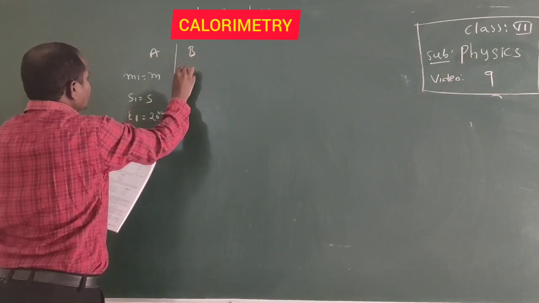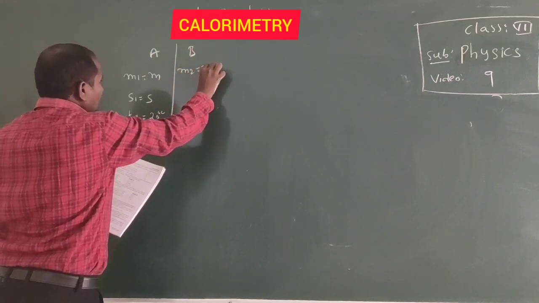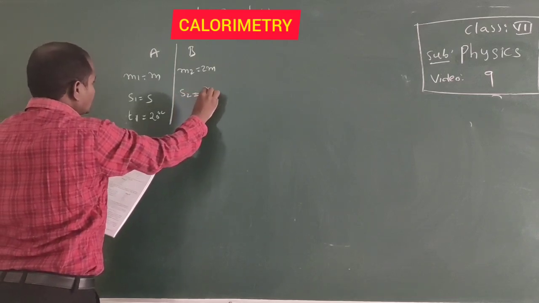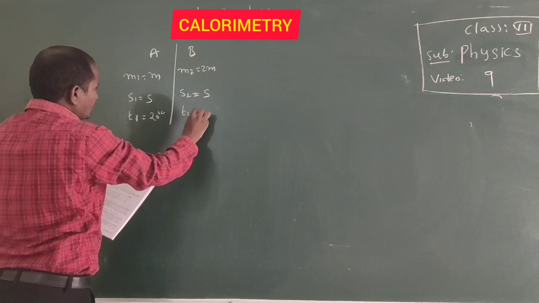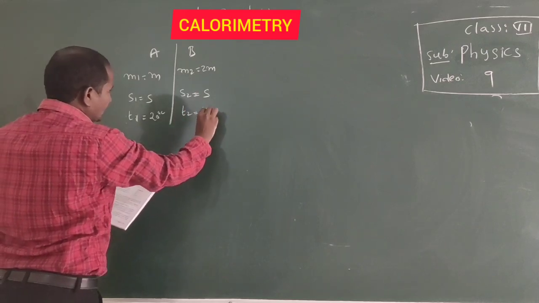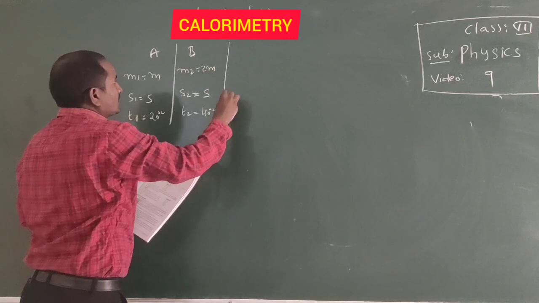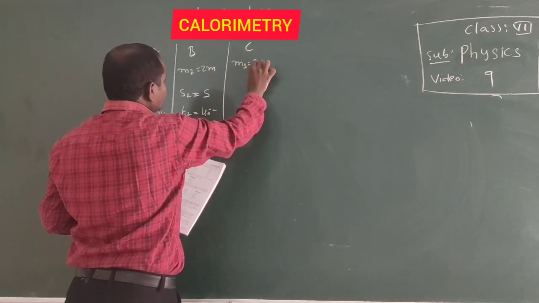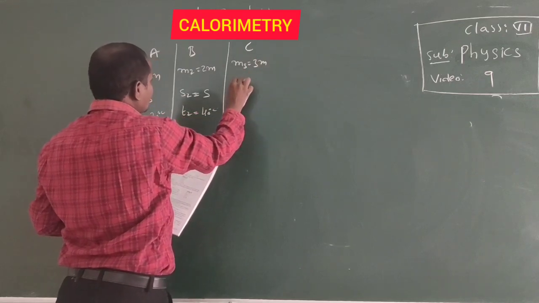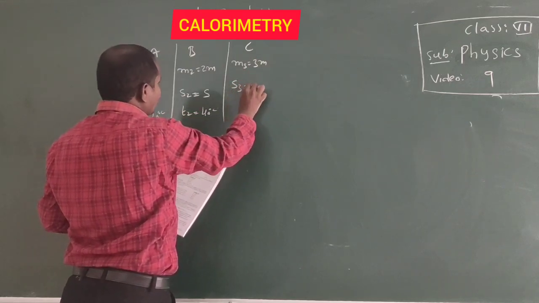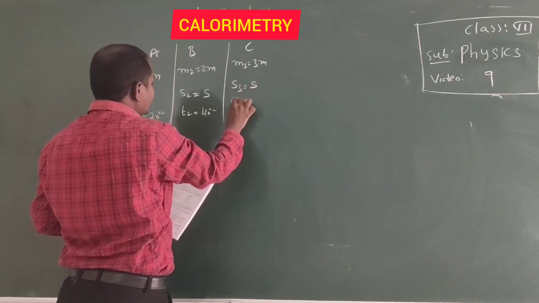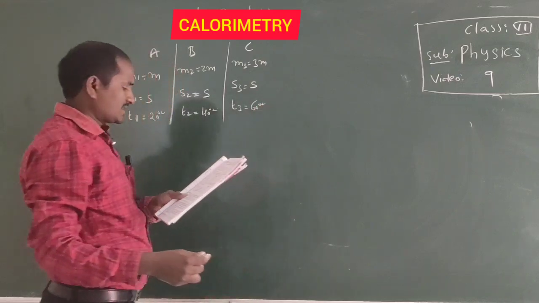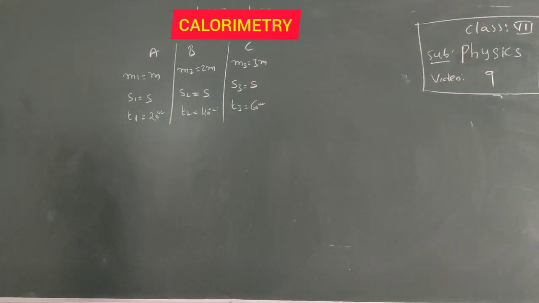Next B, M2 equal to 2M, S2 equal to S and T2 equal to 40 degrees Celsius. Next C, M3 equal to 3M, S3 equal to S and T3 equal to 60 degrees Celsius.